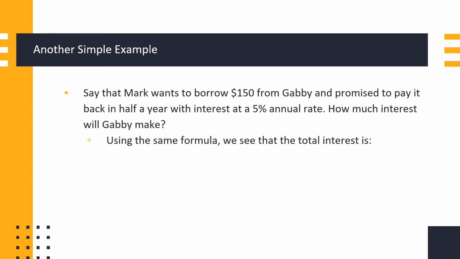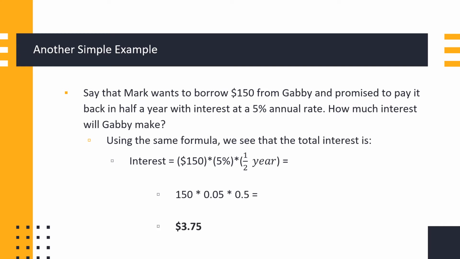Well, we get the same exact formula, and we can say that interest is 150 bucks times 5% times 1/2 a year, because remember, we're thinking about the interest rate in years. Well, that's 150 times 0.05 times 0.5. And that's it.